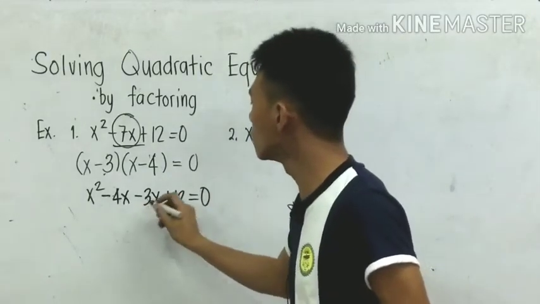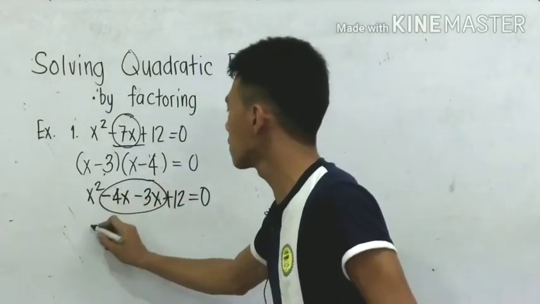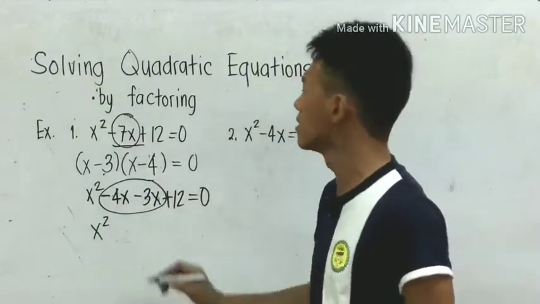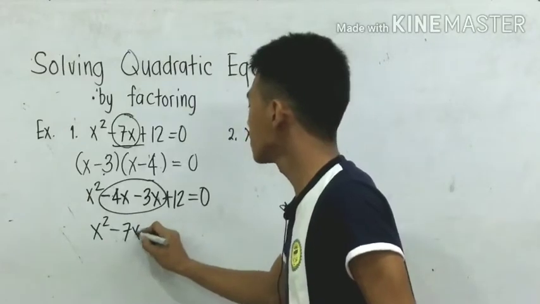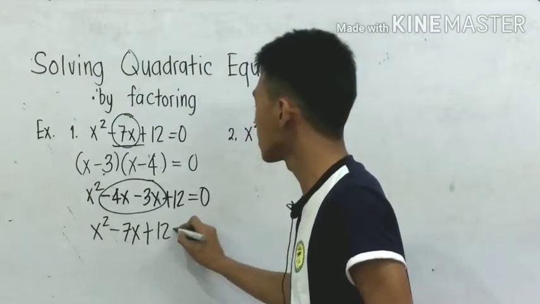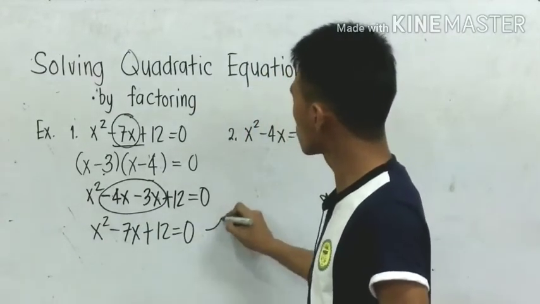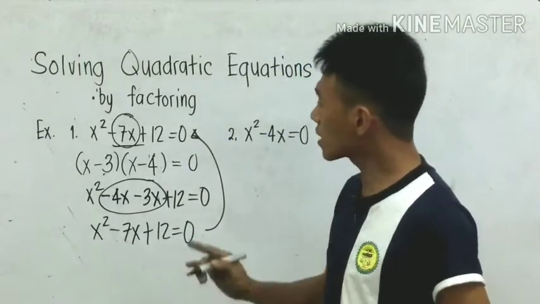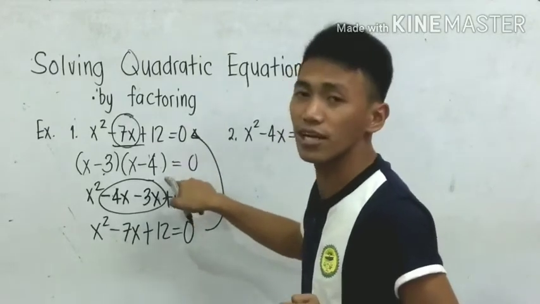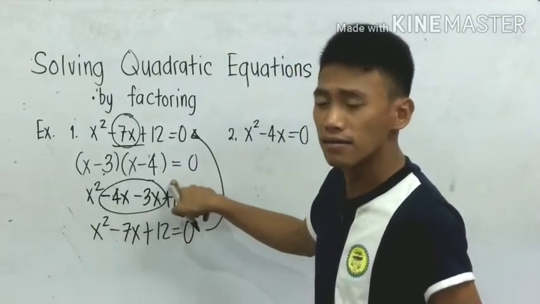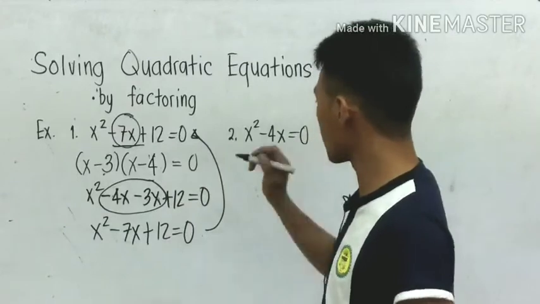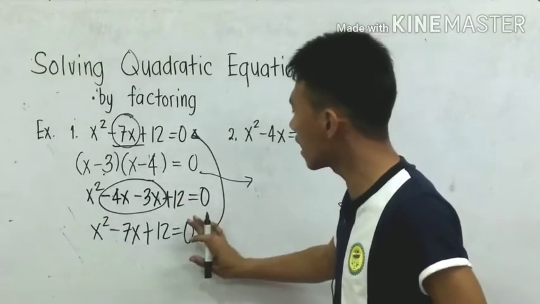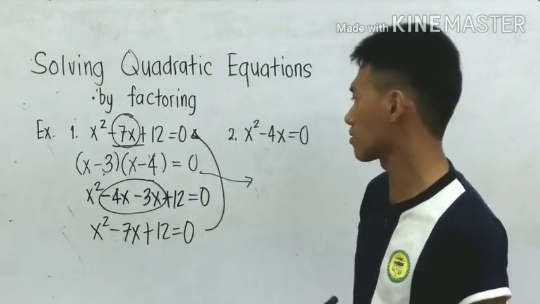So let's try to combine the like terms. We have x squared, negative 4x minus 3x is negative 7x plus 12 is equal to 0. So, pareha. It means nga atong factor karon is tama. So, proceed ta sa atong solution. Nag-checking lang ta kung tama ba nga factor.